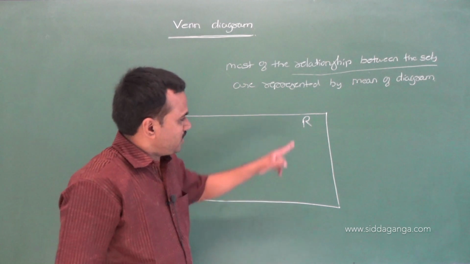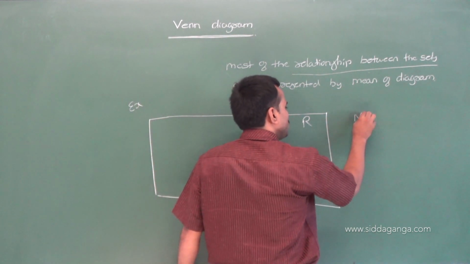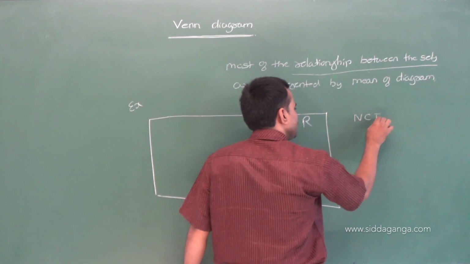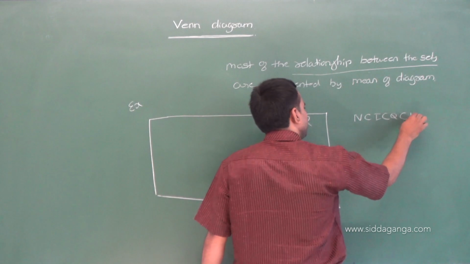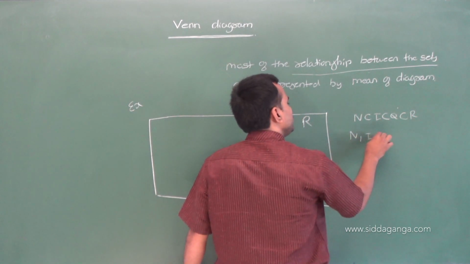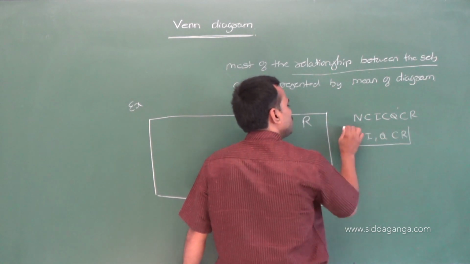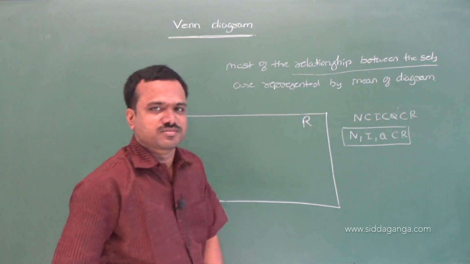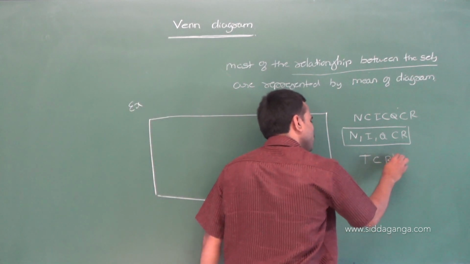In the last classes we explained that natural numbers are a subset of integers, integers are a subset of rational numbers, and rational numbers are a subset of real numbers. All these numbers, natural numbers, integers, rational numbers, are subsets of real numbers. And irrational numbers are also a subset of real numbers.